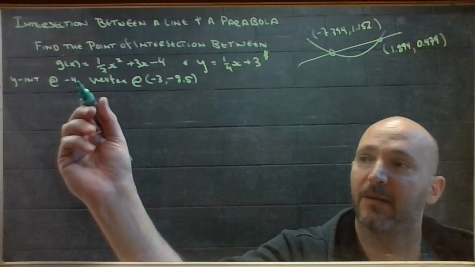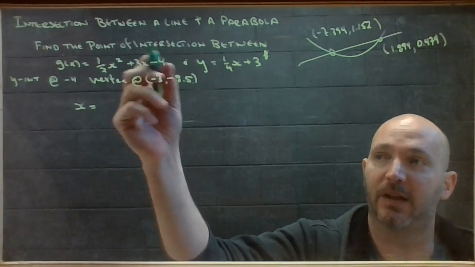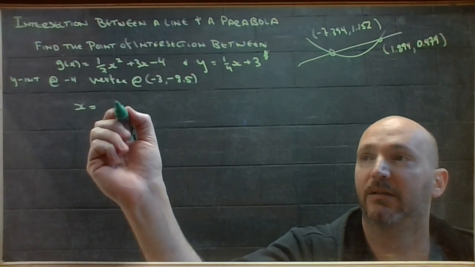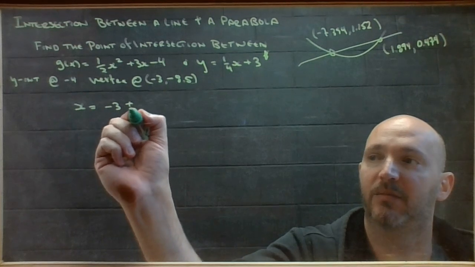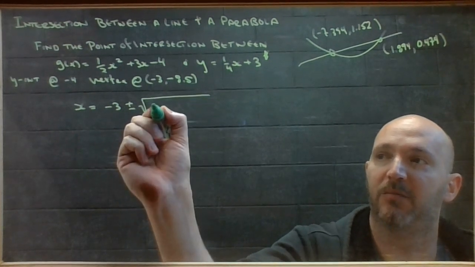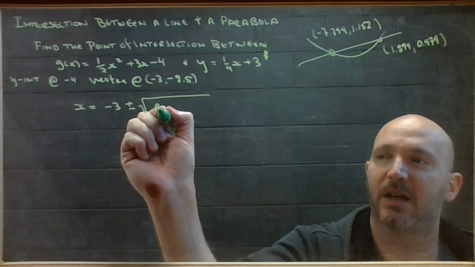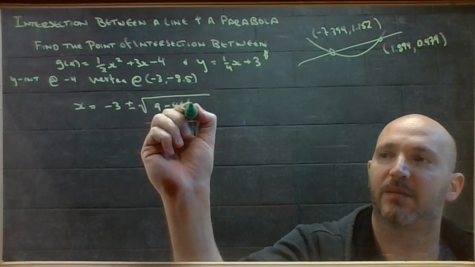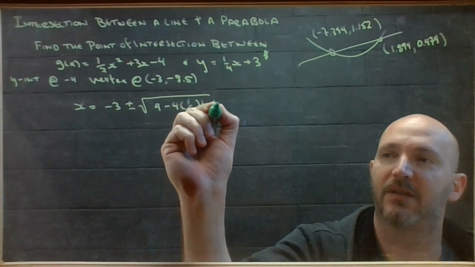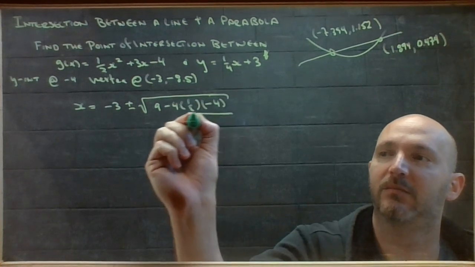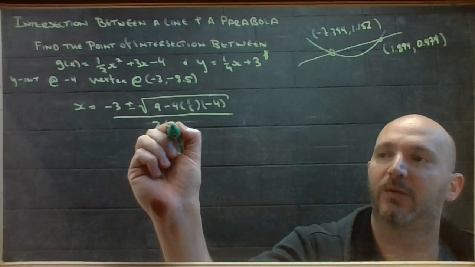And my x-intercepts are going to happen when I use the quadratic formula on this. So it will be negative b plus or minus the square root of b squared, 3 squared is 9, minus 4 times the a value times the c value, all over 2 times the a value.